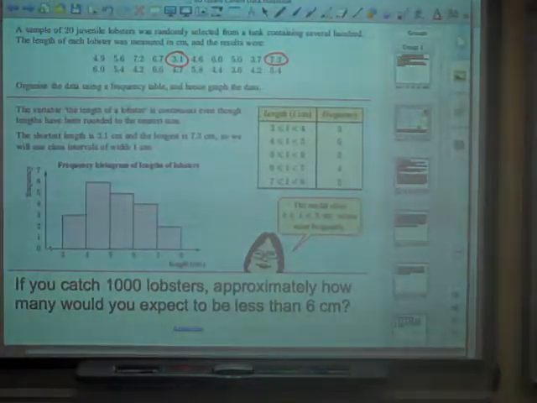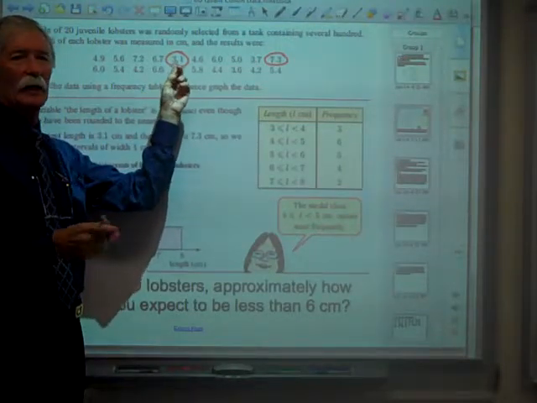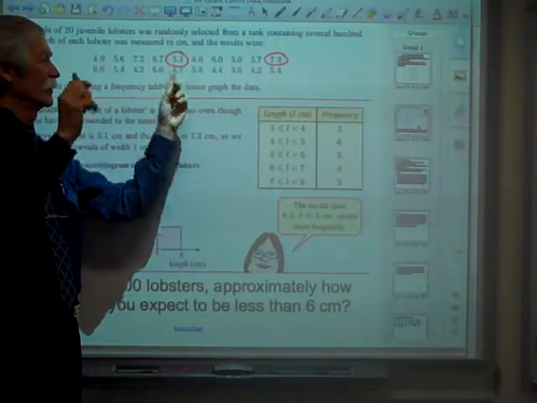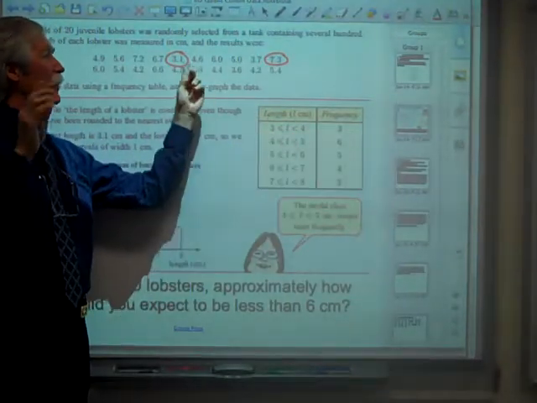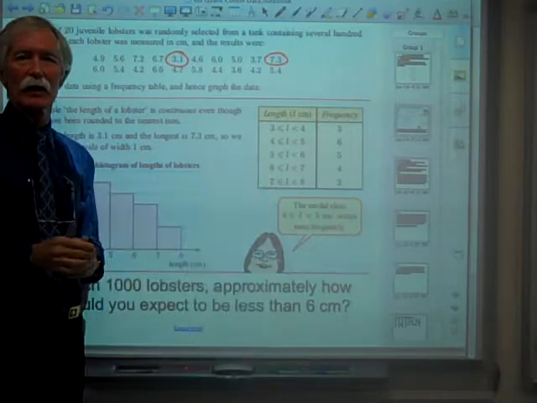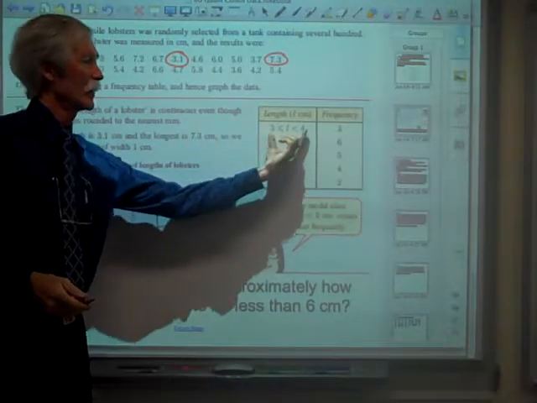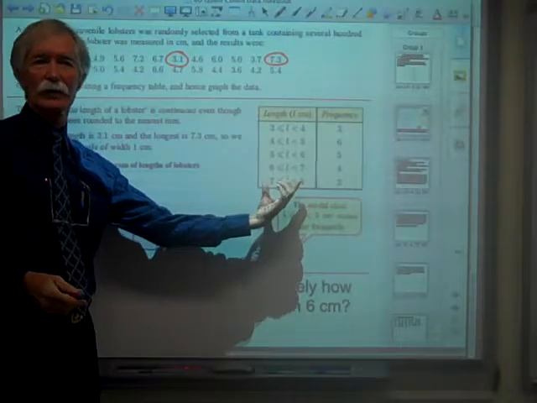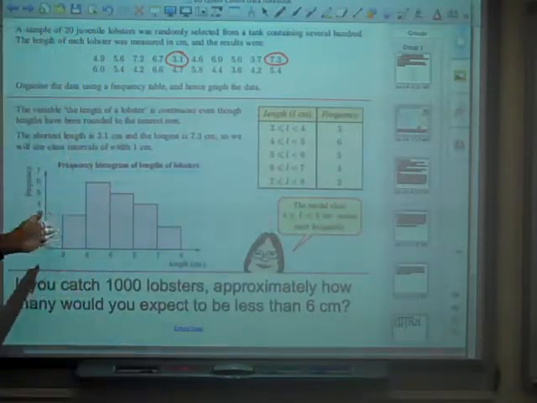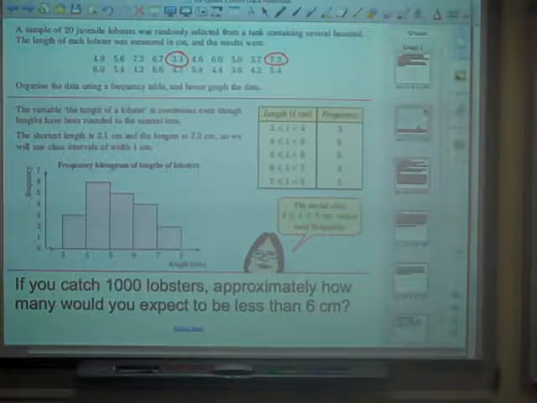So it worked out nicely here that all the lobsters that are 3 centimeters can go in this one, and the ones that are 4 centimeters can go in this, 5, 6, and 7 centimeters can go in this one. We've just got these cute little categories with no decimals in there, and you get a 5-column graph.